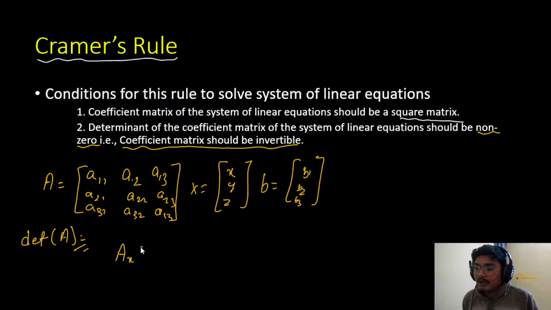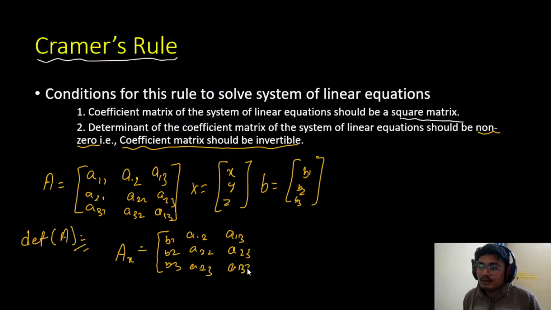We will replace the very first column of the coefficient matrix A with the B matrix. So our new matrix will be B1, B2, B3, and everything else will remain the same: A12, A22, A32, and A13, A23, and A33. Now we will also find the determinant of this AX matrix.